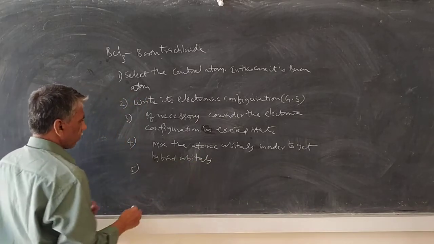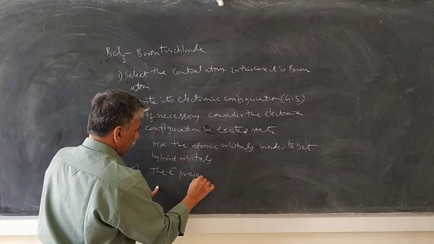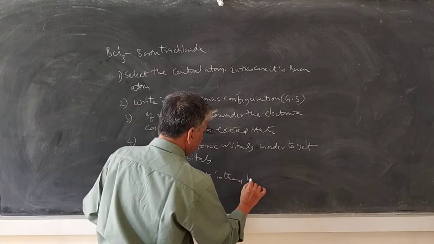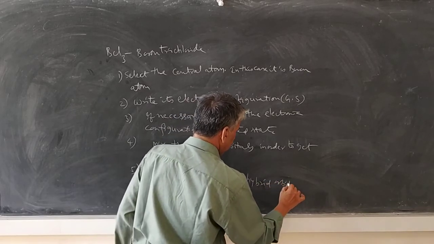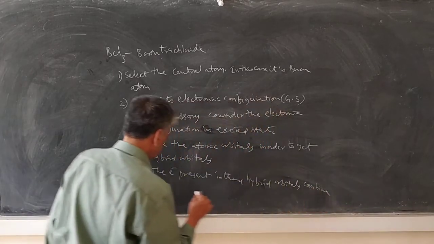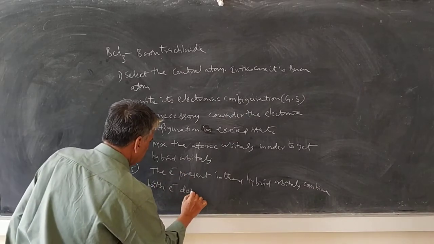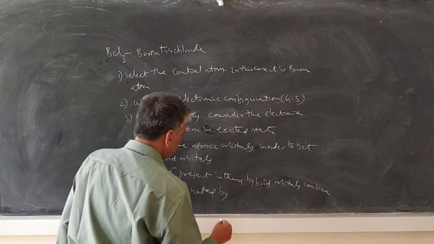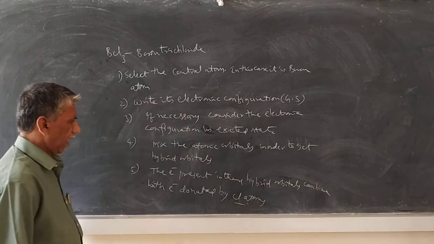Last step is the electrons present in these hybrid orbitals combine with electrons donated by Cl atoms.